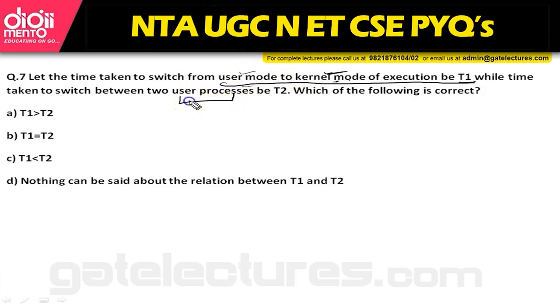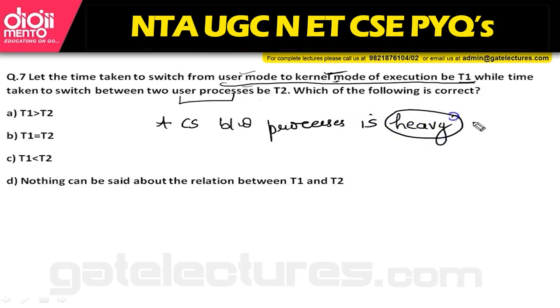Now when two processes switch, they are actually heavy. A context switch between user processes is heavy. Why? Because we have to store the processes' states, registers, etc. to the RAM, because all the resources that a process might be holding may be required by the other process.